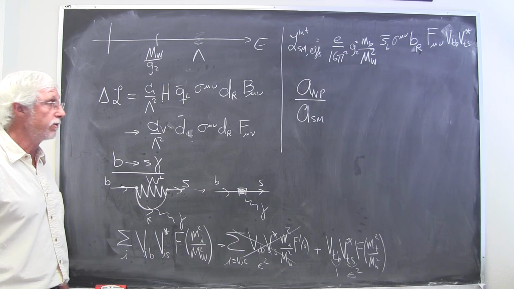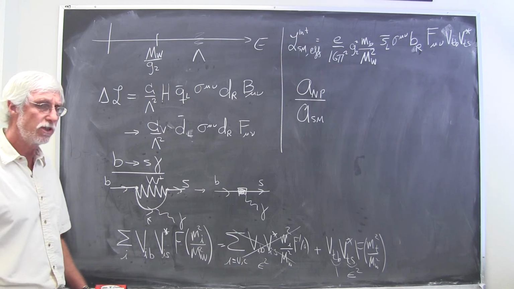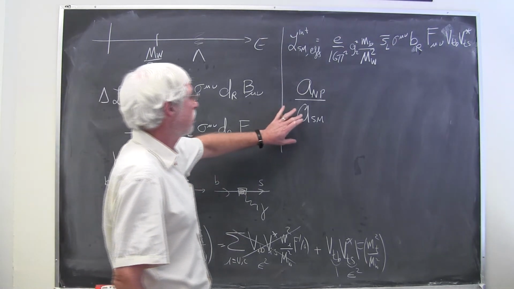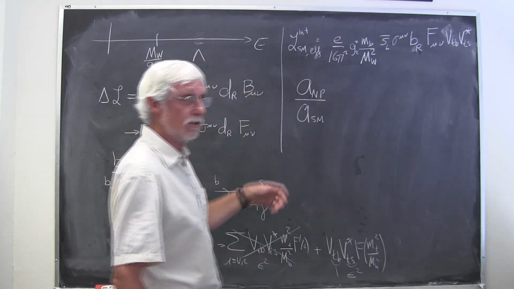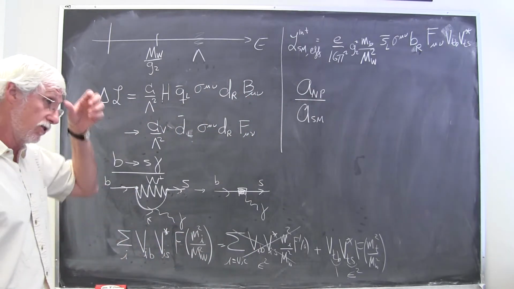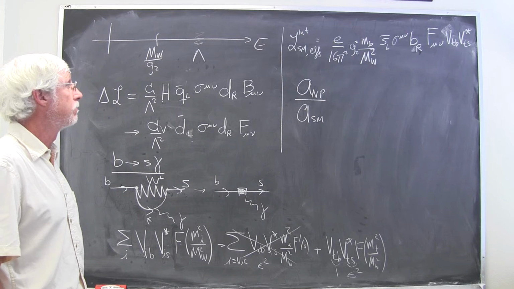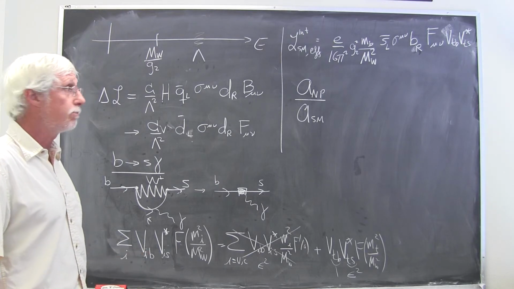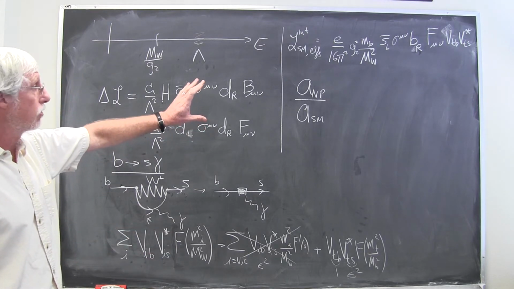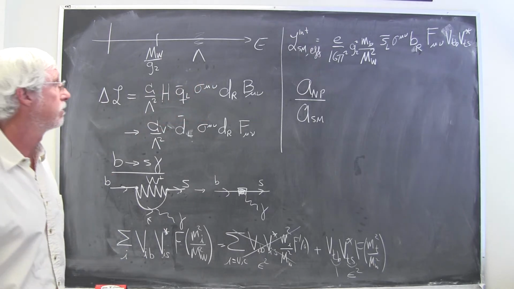And I should say very briefly, the full standard model calculation has been done, including QCD corrections, and the corrections are quite large, but under control, order 30%. But for this order of magnitude estimate, this will suffice.